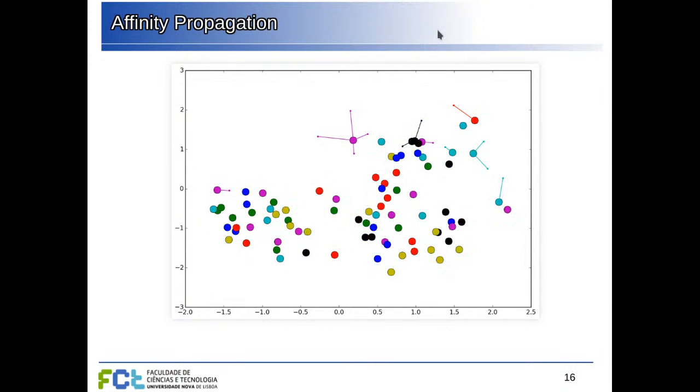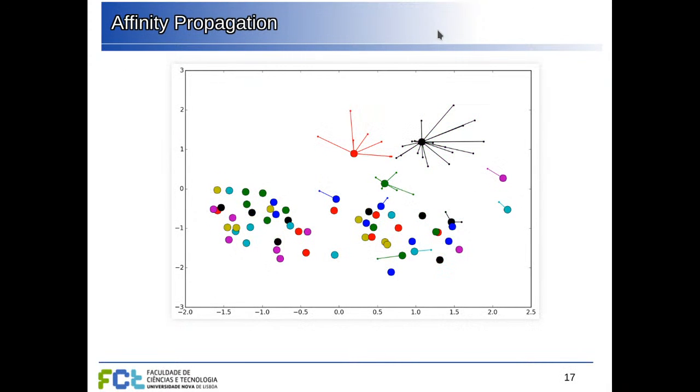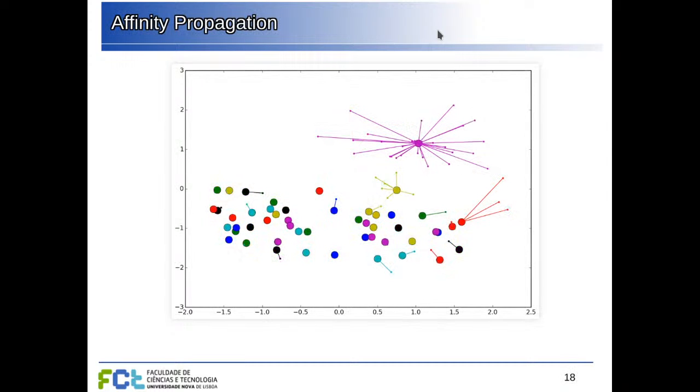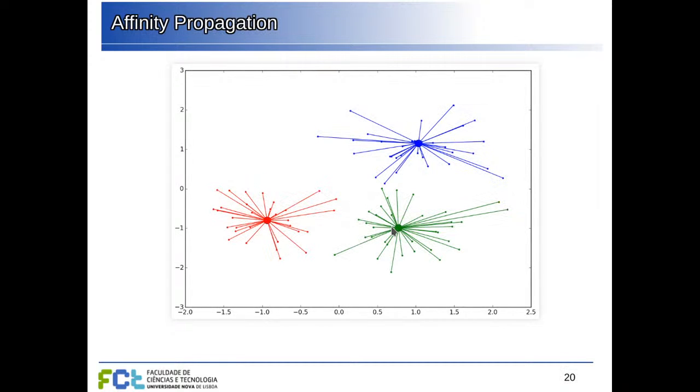And now, as we carry on the iteration, we start having more points in clusters, and then start having fewer clusters. But this is not necessarily monotonic. We can reach one stage, for example, where we only have 2 clusters, but then some points here will, by receiving those messages, start to become representatives of other points and so on. And eventually, this converges to a fixed set of clusters.